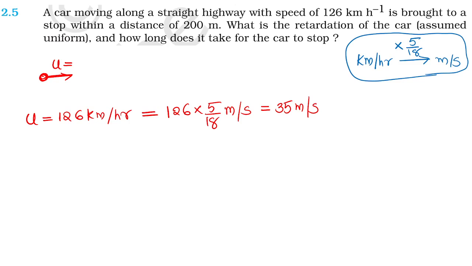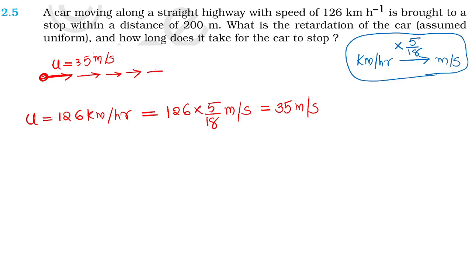I will give you one question. Listen carefully. The initial velocity of the car is 35 meter per second. The car is brought to stop within a distance of 200 meter.